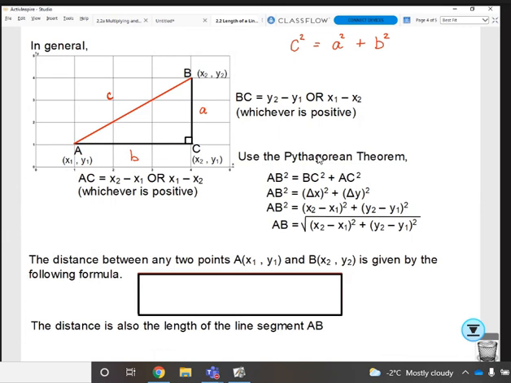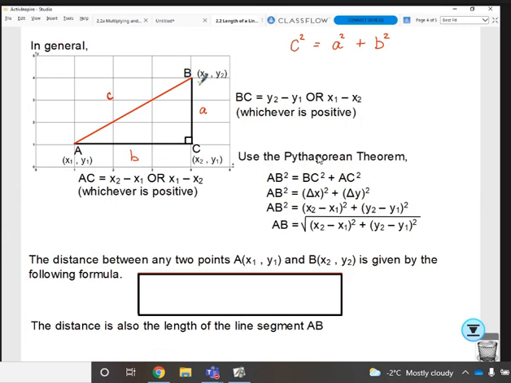Well, what we're looking for here is the vertical change. If the red line segment is the one we want, we draw in that right triangle, theoretically. And from B to C, this is what we call the vertical change. We know it's a vertical change because it's up and down, and because it goes from the lowest part of A up to the highest part of B.